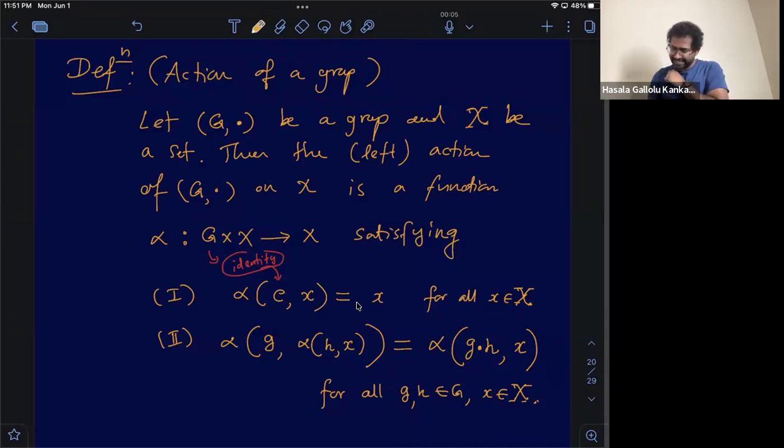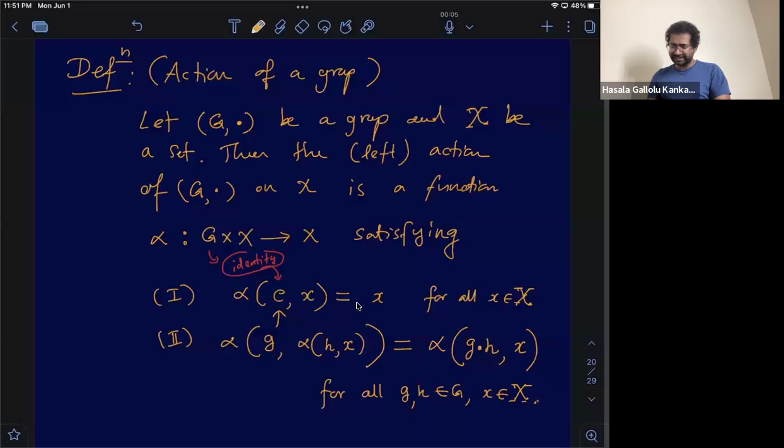The first one says something related to an identity, right? So this one is going to indicate that E is kind of like the identity element of the group, and that is going to serve as an index.